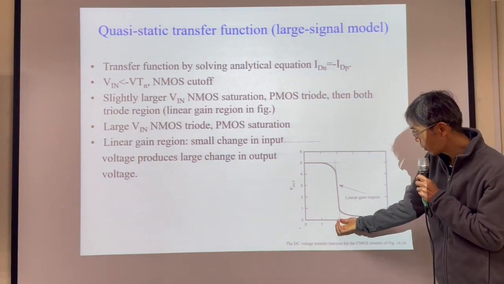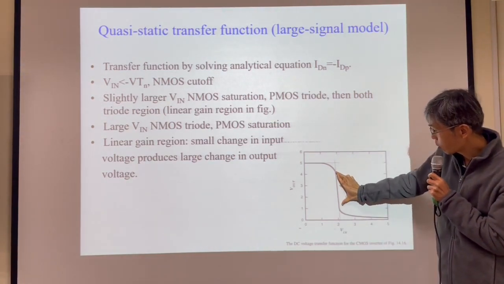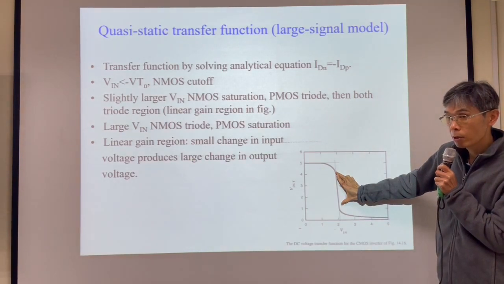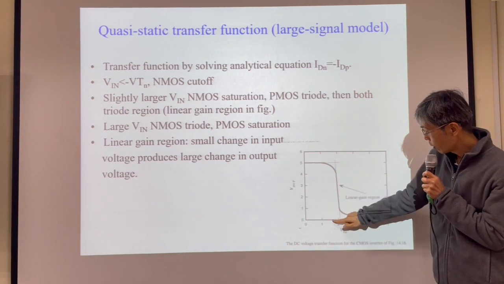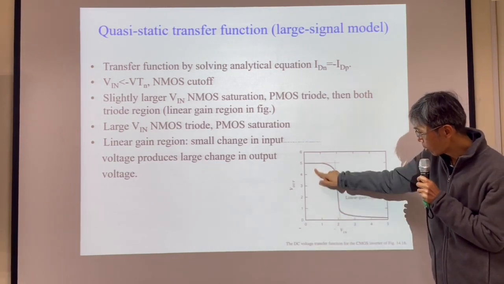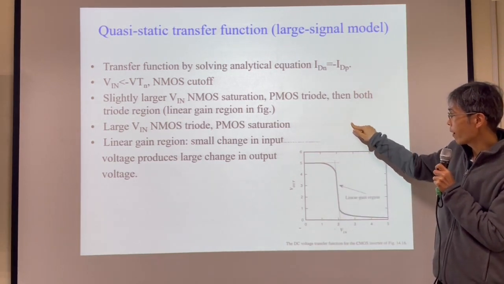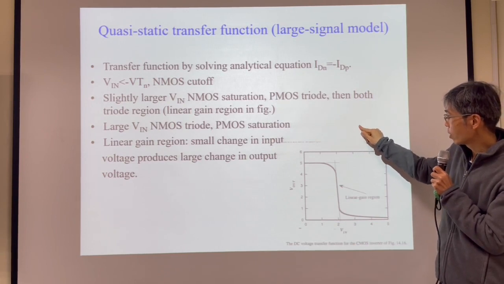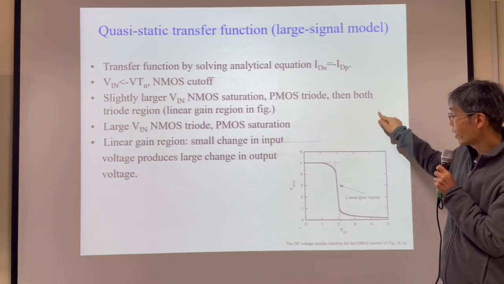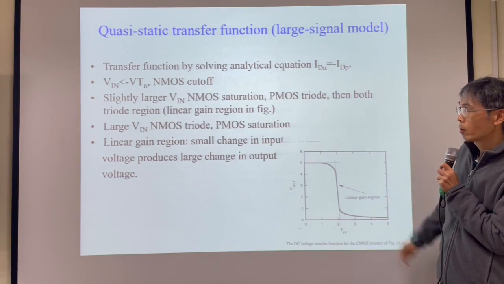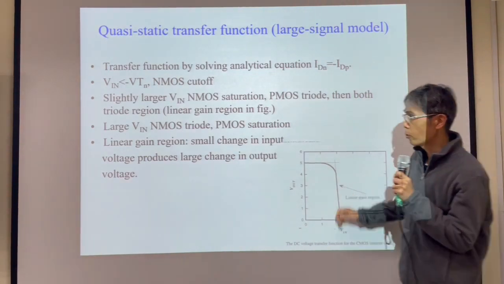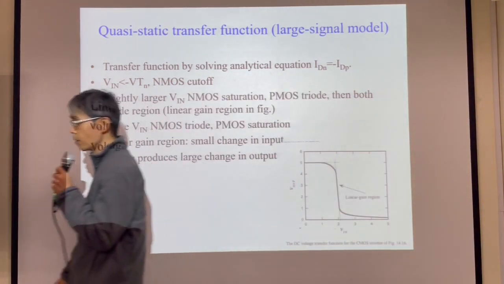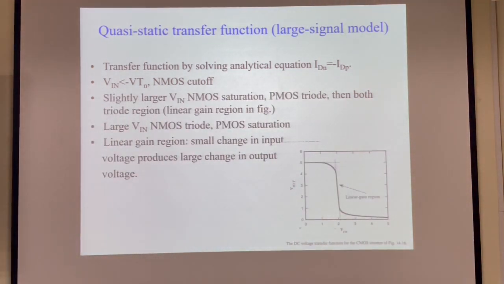If delta V in is very small, we have very large delta V out, so the gain is very large. But V in goes this way, V out goes this way, so delta V out divided by delta V in is some large negative value. Okay, so this is the operational principle of this device, the inverter.